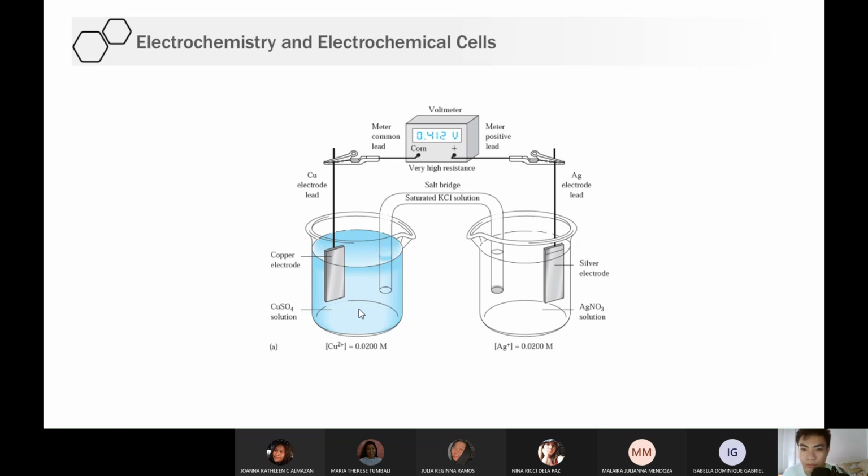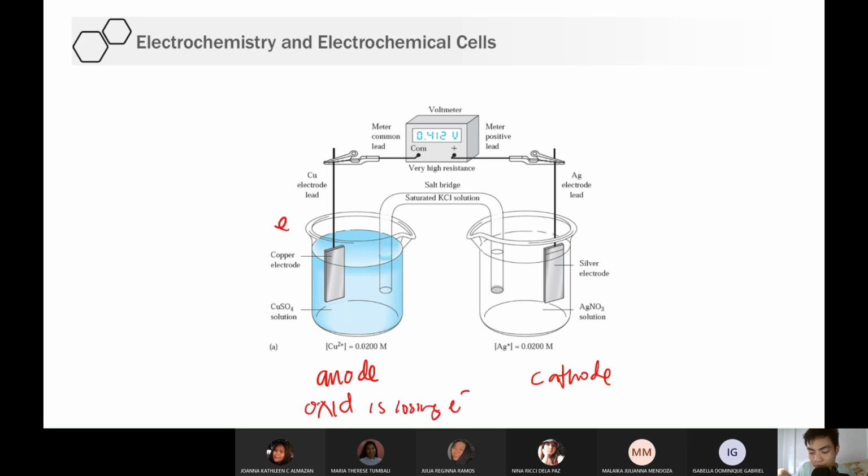So typically, if we have this setup, the anode is written on the left side, and the cathode is written on the right side. Yung anode usually nasa left, then yung cathode nasa right. And remember that yung anode, ito yung maglalabas ng electron kasi sabi nga natin, oxidation is losing electron.